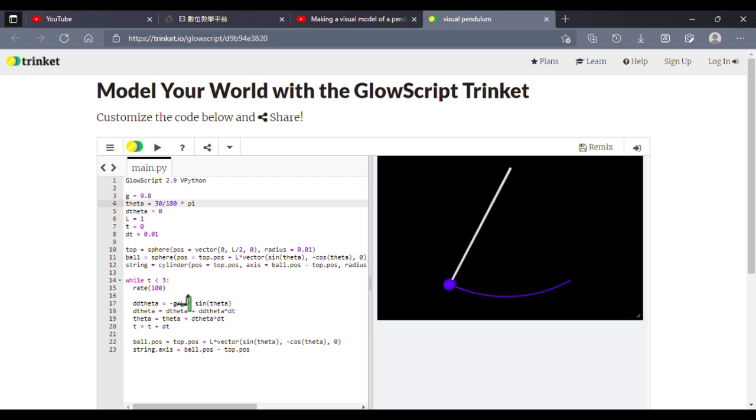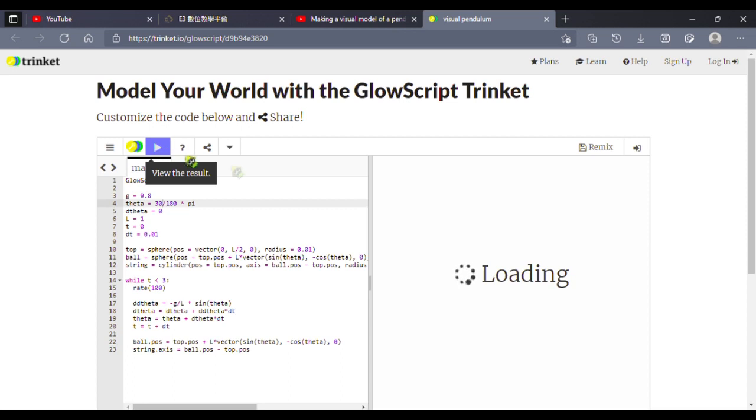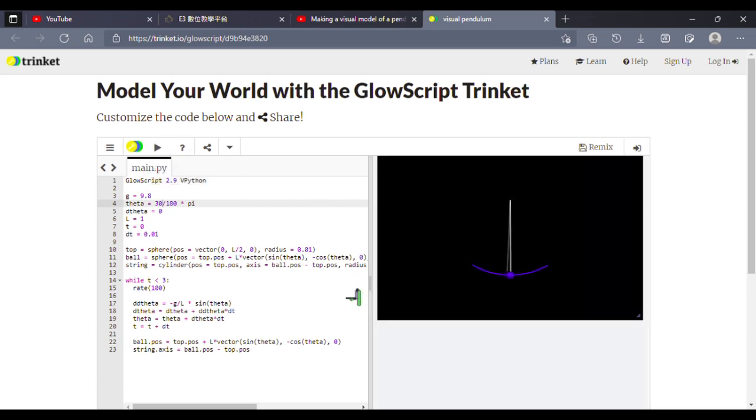And finally, the while loop. t less than 3 means that it will display for 3 seconds. And rate of 100 means how fast it will display.